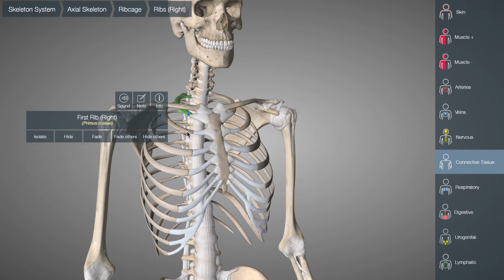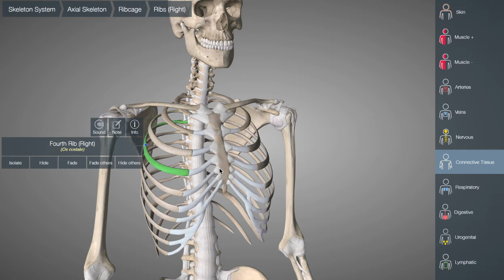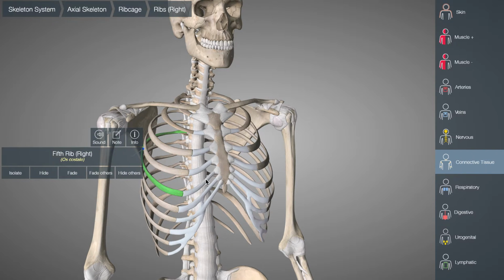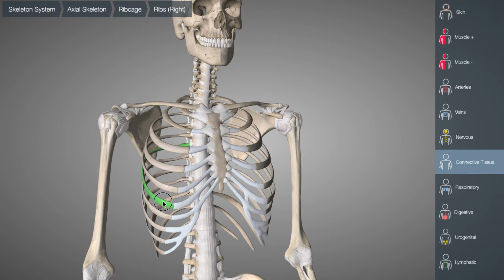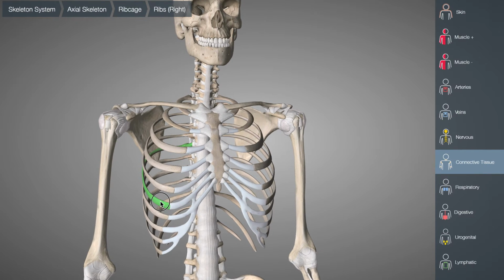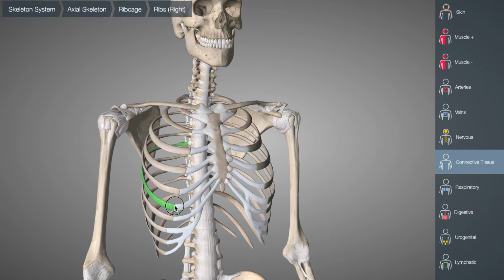So we have 1, 2, 3, 4, 5 ribs that are true ribs, and then, excuse me, this actually makes a direct connection and only requires 1, so that's actually 7 true ribs.